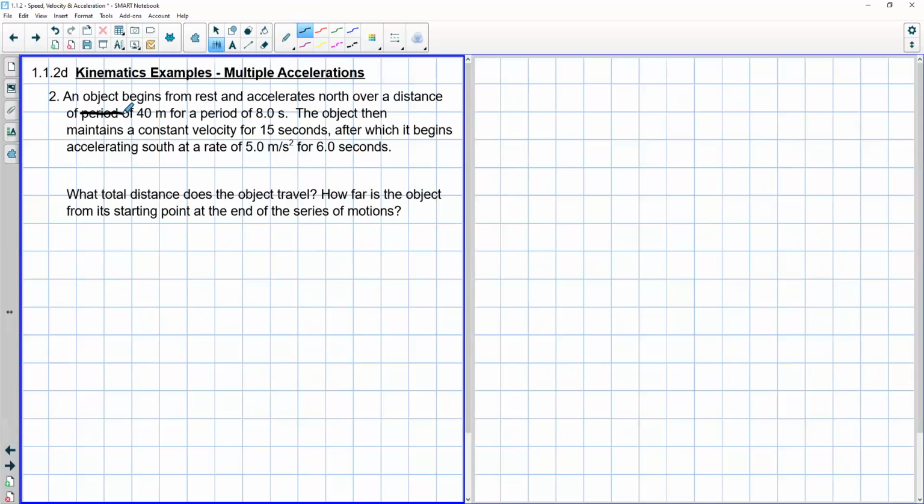So there's kind of a lot going on here, right? So first, we begin from rest and we accelerate north. So our starting speed is 0, and we accelerate north for a distance of 40 meters. And this is going to become a problem really fast.